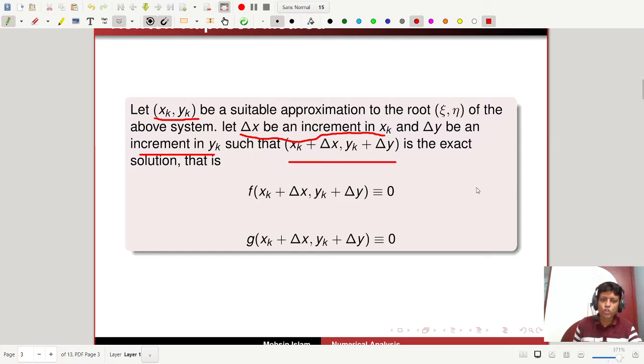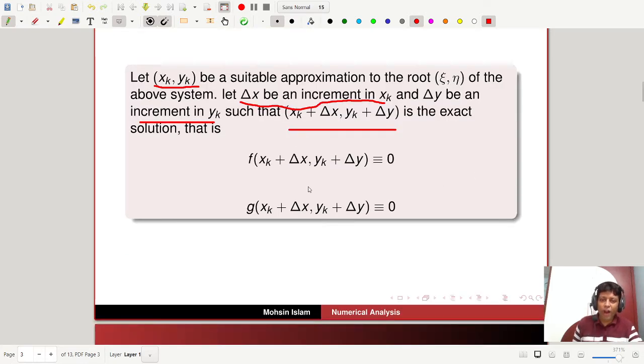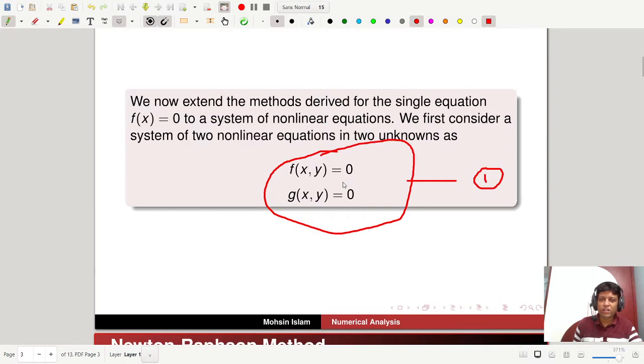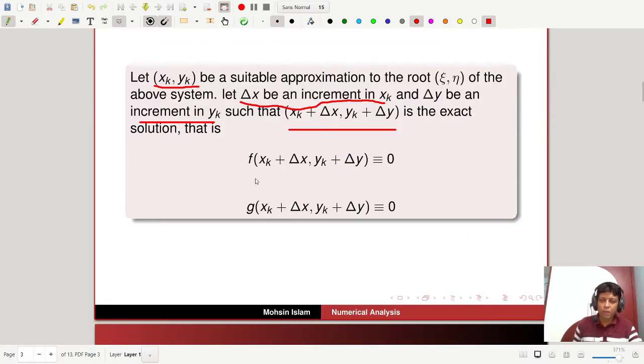Okay, so we can write the system from 1. f(x, y) = 0 becomes f(xk + delta x, yk + delta y) = 0, where I am replacing x by xk + delta x, the approximation, and y by yk + delta y.